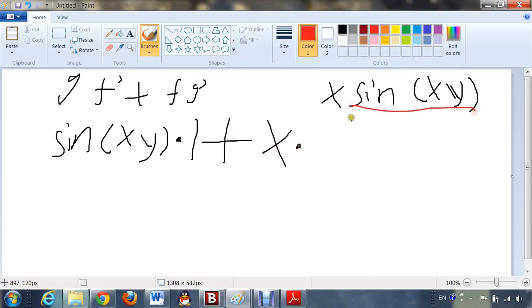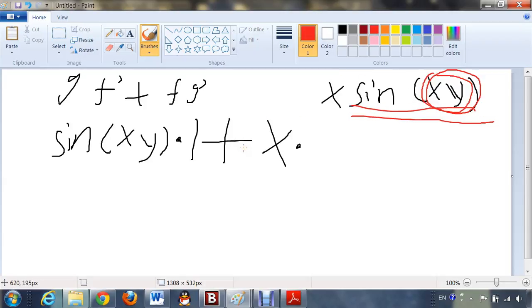the derivative of sine xy. Here you have to know that this is the chain rule, because it's not just sine of something; that something is a product. So the outermost layer is the sine of something.